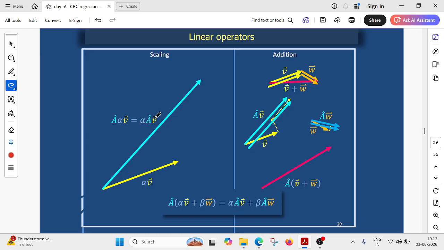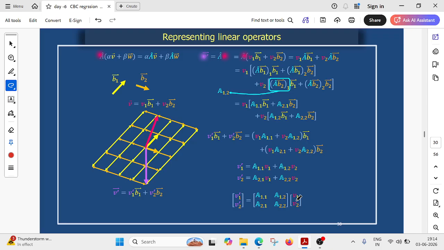Addition: using the doubling of all these, V and W, and addition of this AV, you'll get the new thing here. So AW, get that new, and using all those things, we are going to write A into alpha V bar plus beta into W bar equals alpha AV bar plus beta AW bar. Operators, representing linear operators.